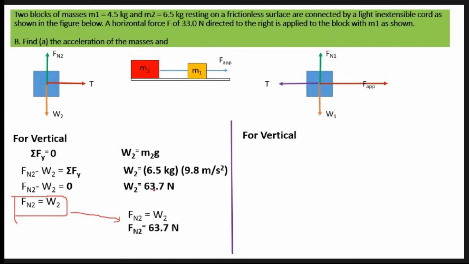So we just simply substitute the value of the weight here. The value of the weight here is 63.7 Newton, and here is 63.7 Newton, but they are in opposite direction. So when you add positive 63.7 plus negative 63.7, because it's going downward, the answer is 0.